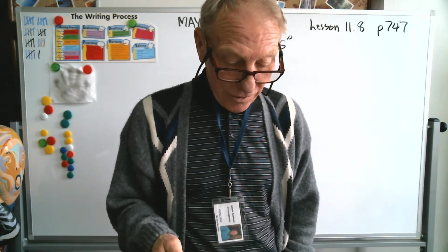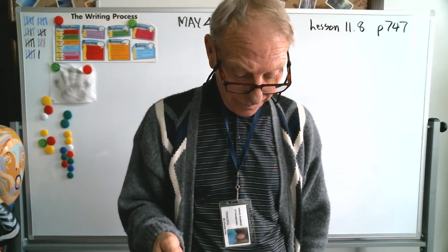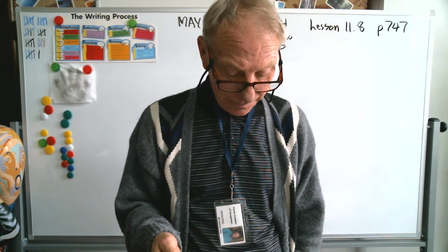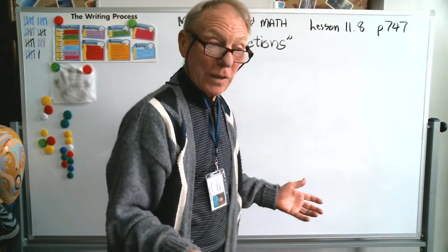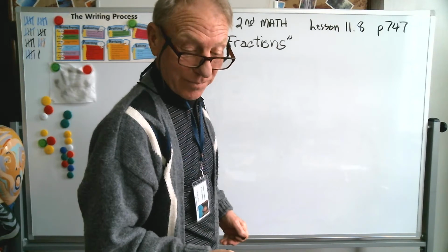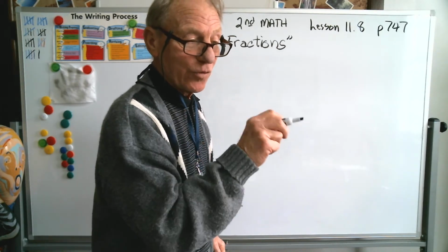Well, it's asking you to draw a hexagon on page 747. Now, I don't know what they expect you to do with a hexagon, because it doesn't really give you a problem other than letting you practice drawing the shape.